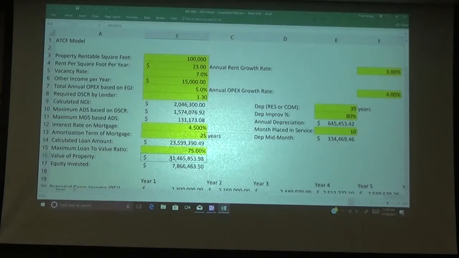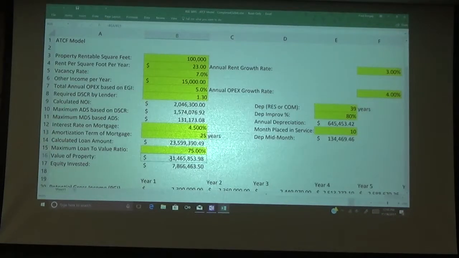So 31,465,853.98 times 0.8 is 25,172,683.18, the actual value of the improvements. And the difference between those two would be the value of the what? The land. Okay, does that make sense, everybody? Yeah. All right.